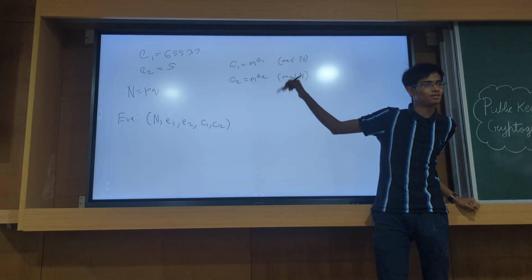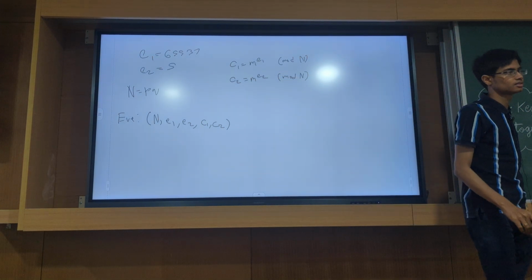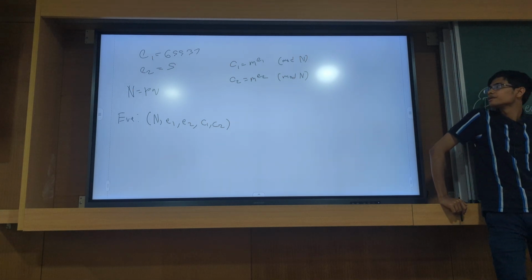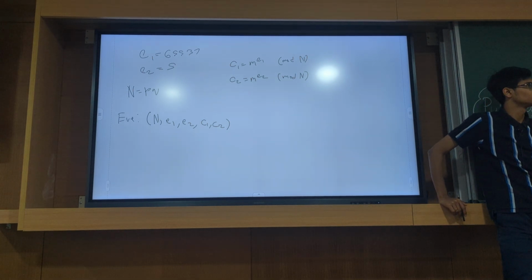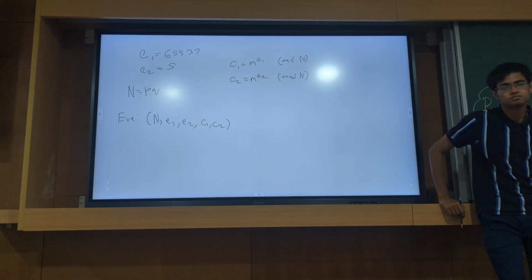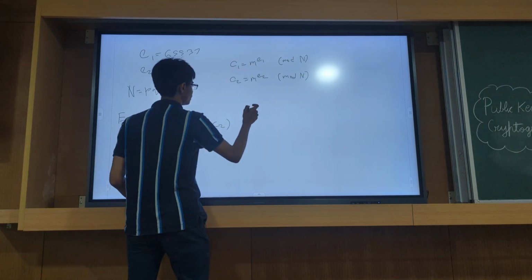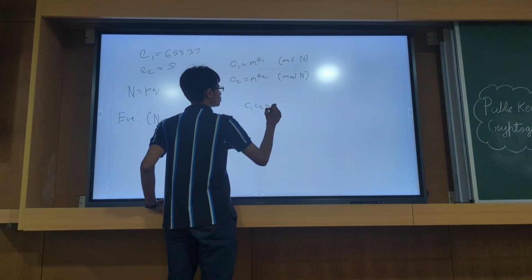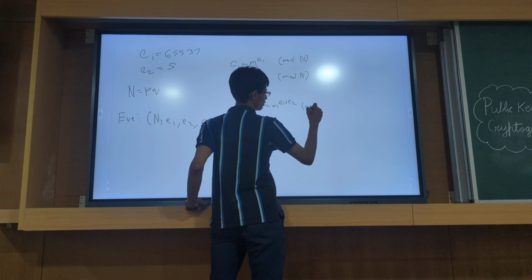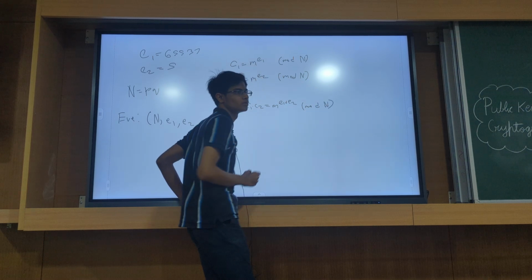No, the message is the same. And if they do, he will get M to the power E1 plus E2. Then you can write an equation in terms of E1 and then you can write an equation in terms of E2. Okay, so let's go about it. So you have M to the power E1 plus E2 mod N. Now what would you do?